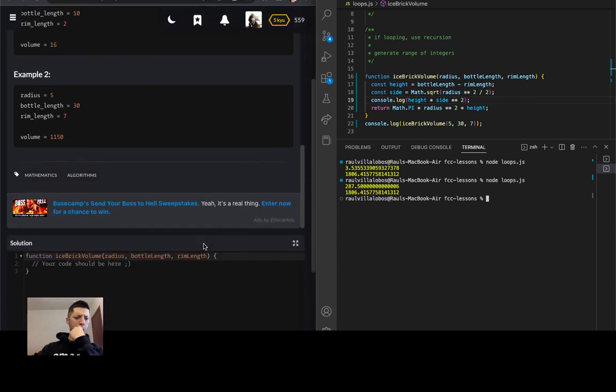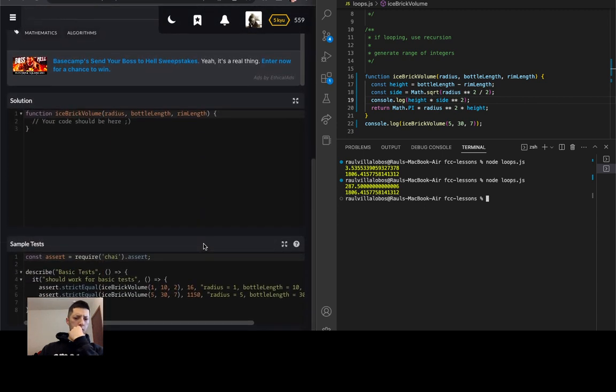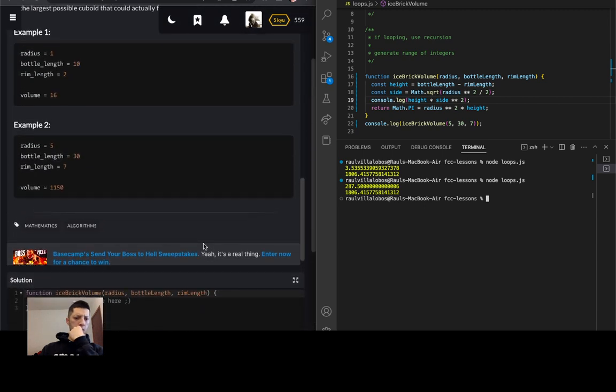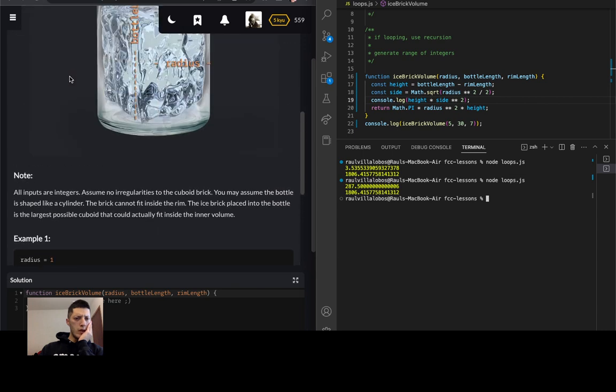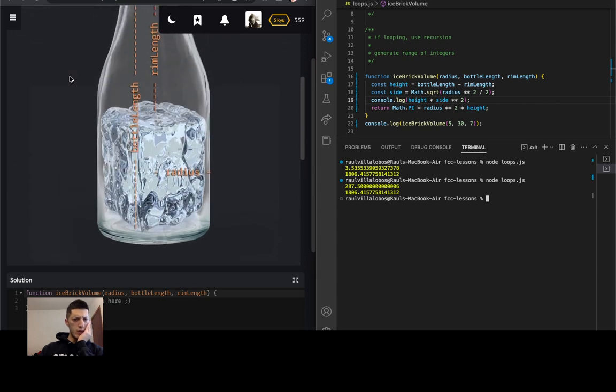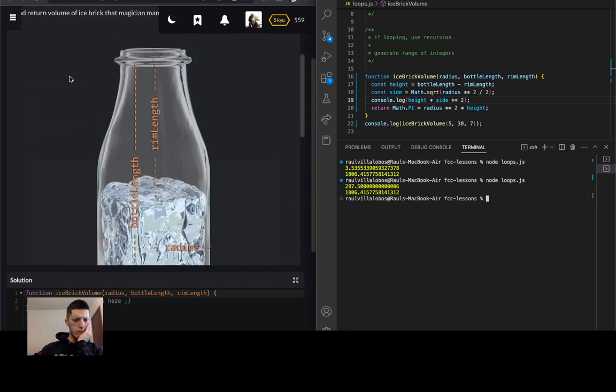I don't know what kind of calculations it's doing here. Is it just 10 minus 2? Rim length, radius.